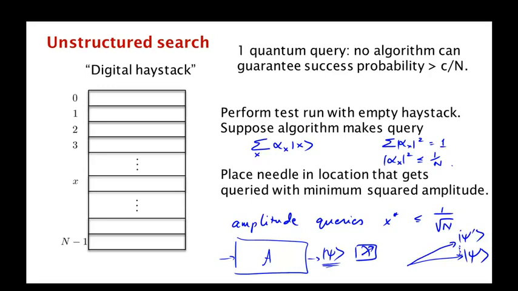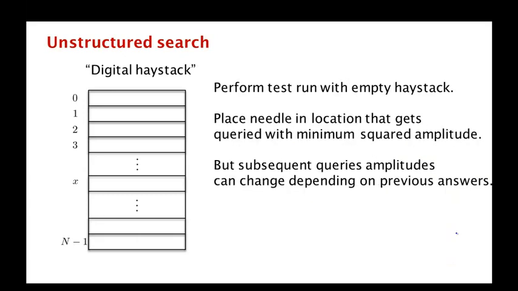And so what that implies, if you work through it, is that the chance that your measurement outputs a different value than it did in the case of the empty haystack, or the no marked element, is very small. It's smaller than some constant times the square of this value, constant over n. Okay, and that shows that one quantum query cannot possibly help.